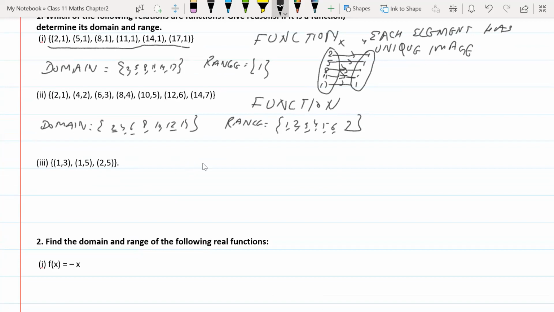It is not a function. This relation is not a function. Why?